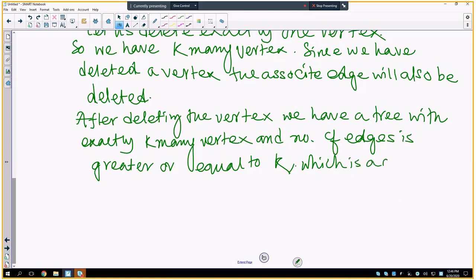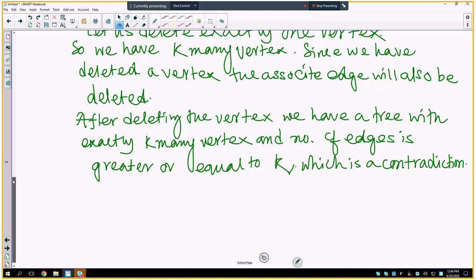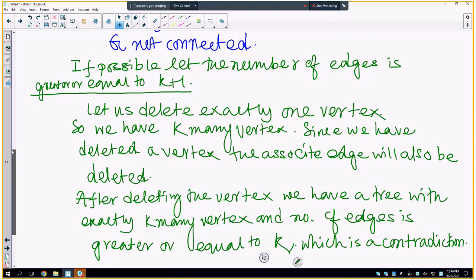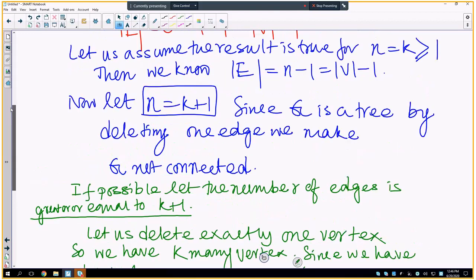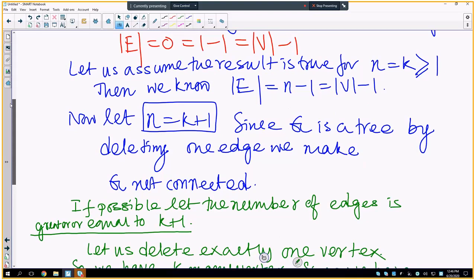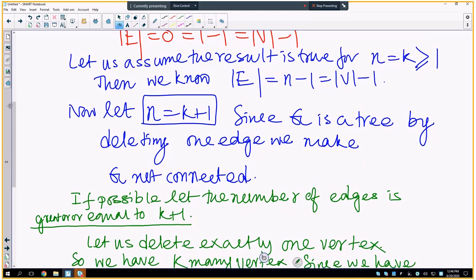How come? Because of your induction hypothesis. Remember what the induction hypothesis said. If you have a tree with k vertices, then the number of edges must be equal to k minus 1. So this is my induction hypothesis: let us assume that the result is true for n equal to k, greater or equal to 1.